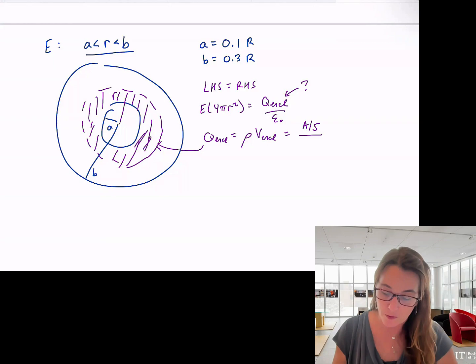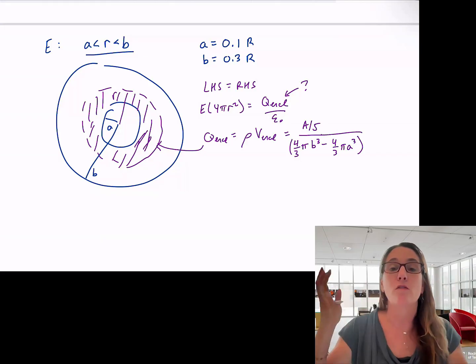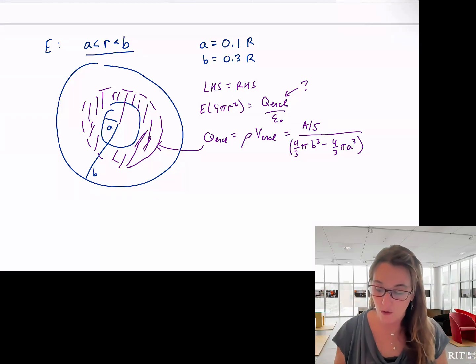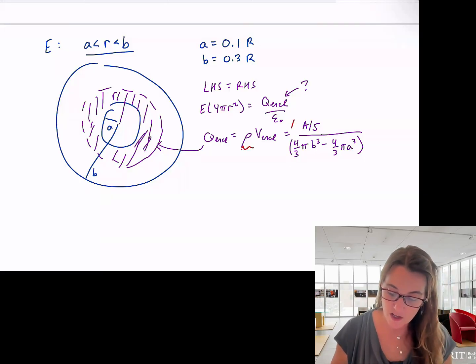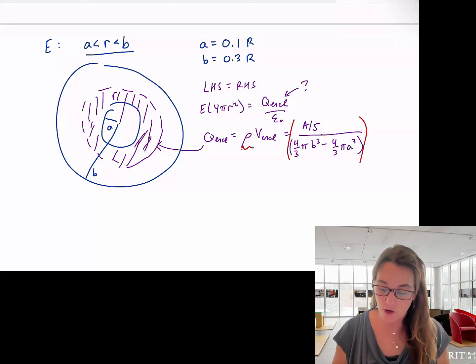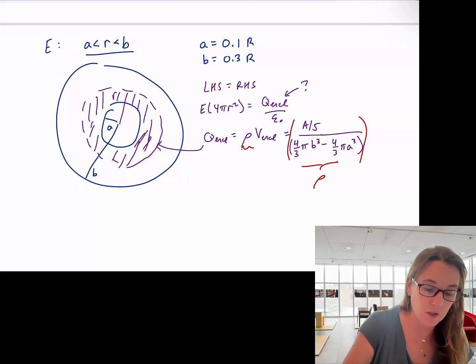And the total volume of the sphere is going to be 4/3 pi outer radius cubed, b cubed, minus 4/3 pi inner radius cubed, because that's going to be taking the full volume and then minus the hole. So this first term is my volume charge density.